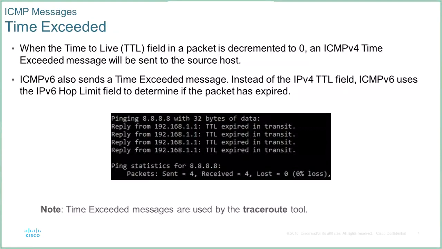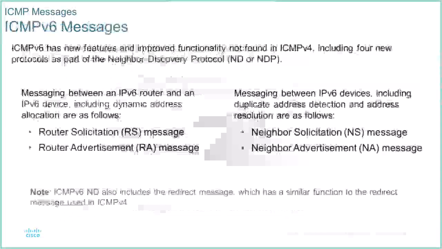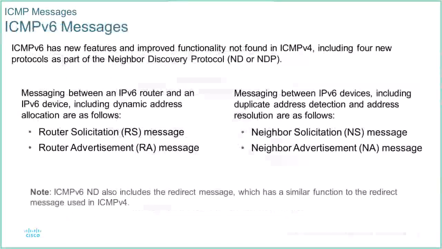Okay. Now, another thing there is traceroute. We manipulate the time to live field using the traceroute command to find the next hop along the path. So the first message sent within a traceroute will have a time to live of basically 0.